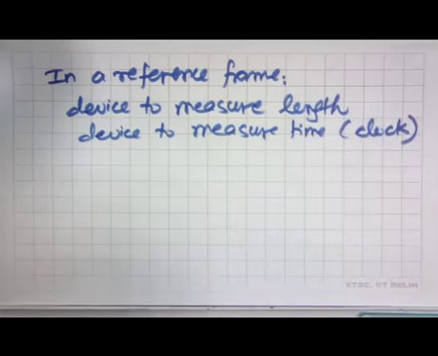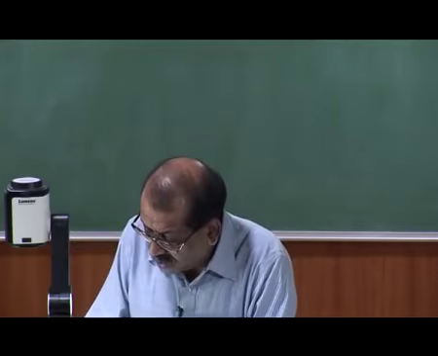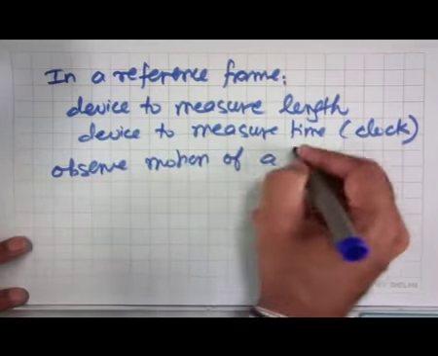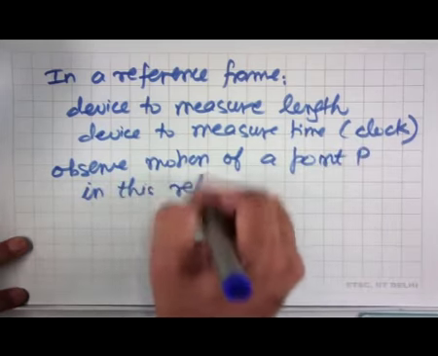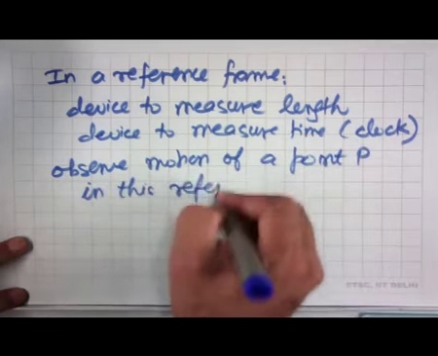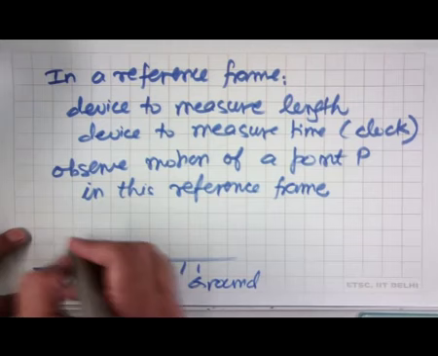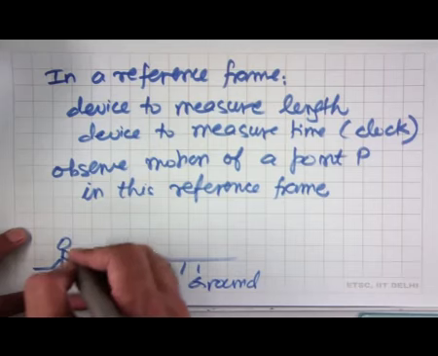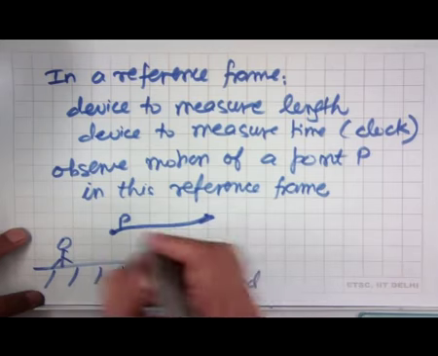So, now when I fix myself on a reference frame and I want to observe, I can observe the motion of a point P in this reference frame. Let us say this is the ground, there is a person here, and there is a point P which is moving with time.